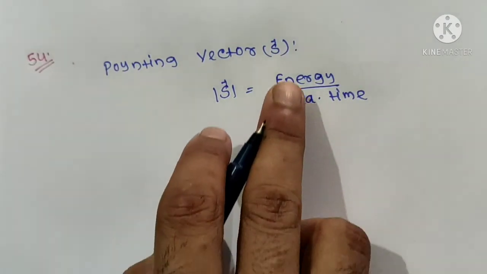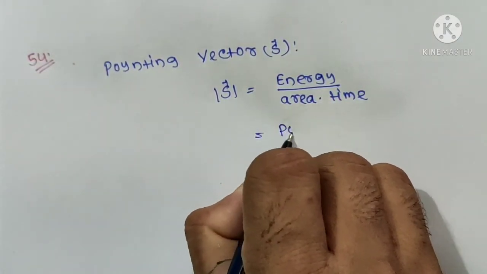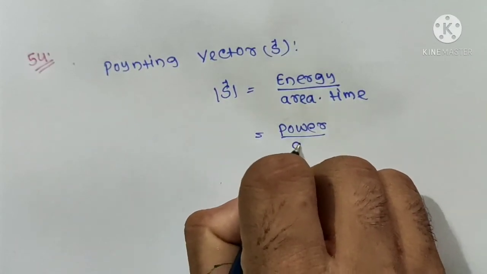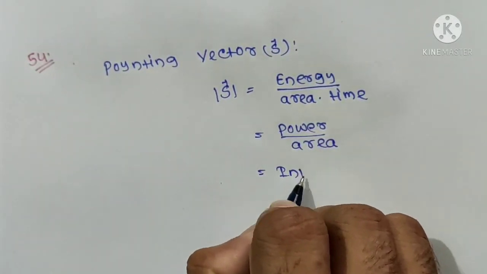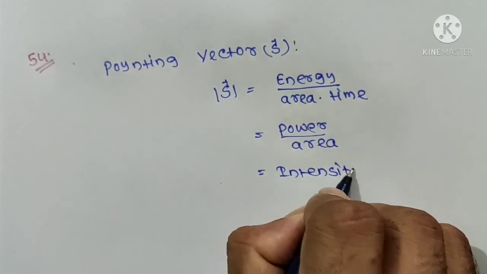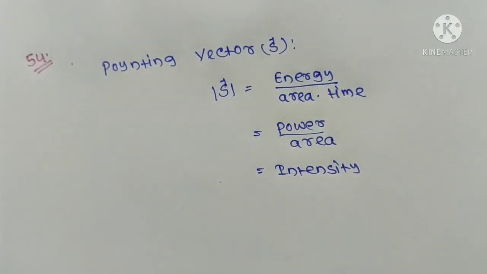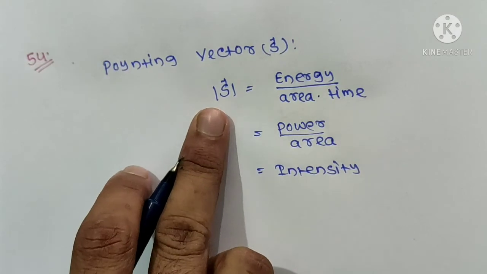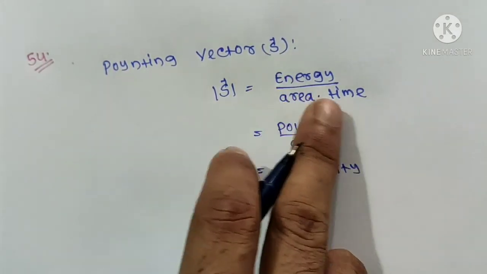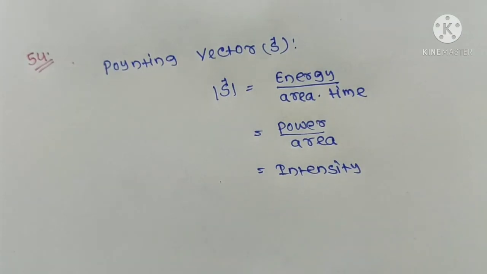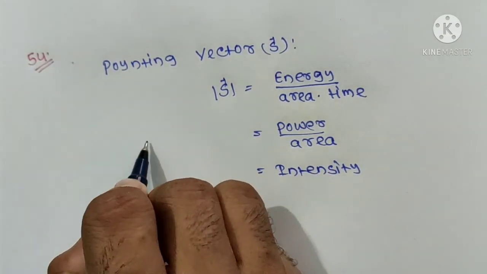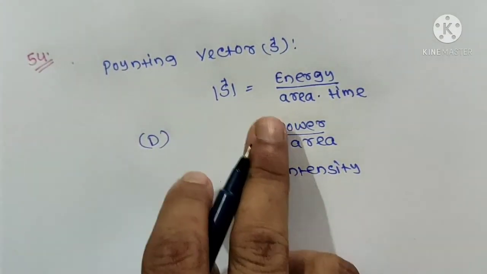So energy by time is power, so it is power by area, or this can be written as intensity. So remember all these dimensions. The Poynting vector has a dimension of energy per unit area per unit time, or power by area, or intensity. So check your options now. The correct option is option D, that is power by area.